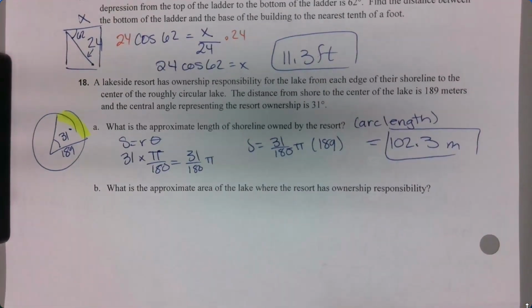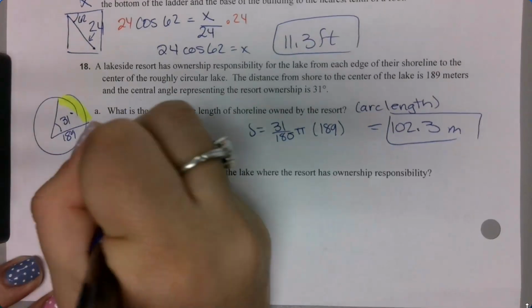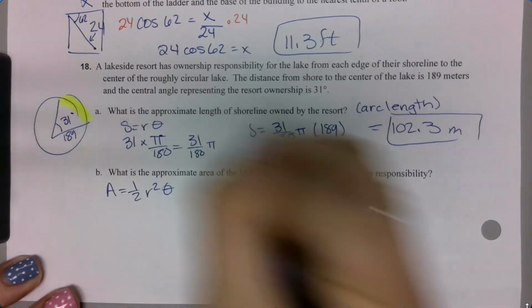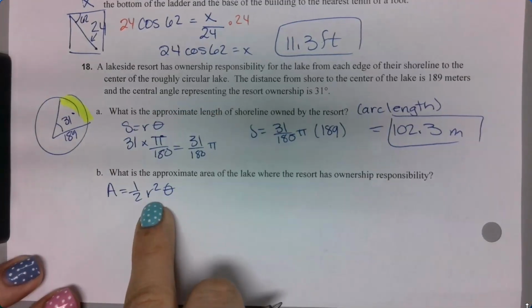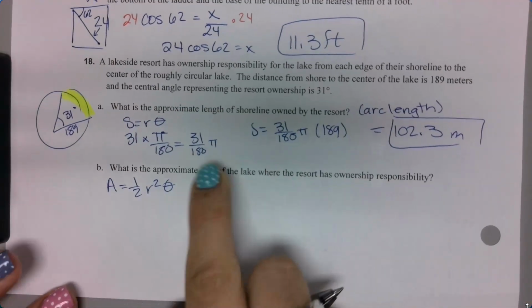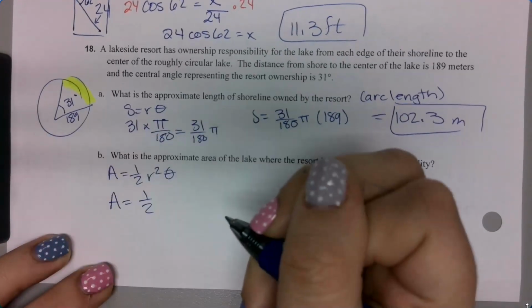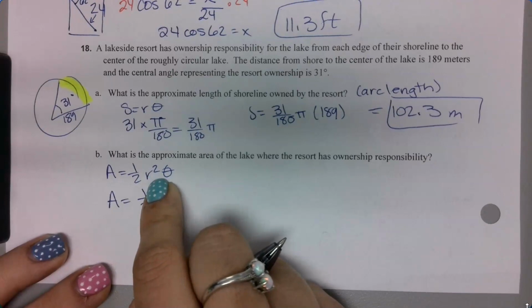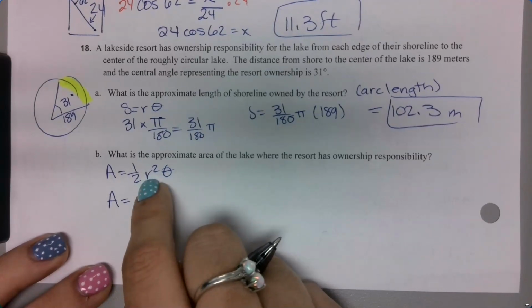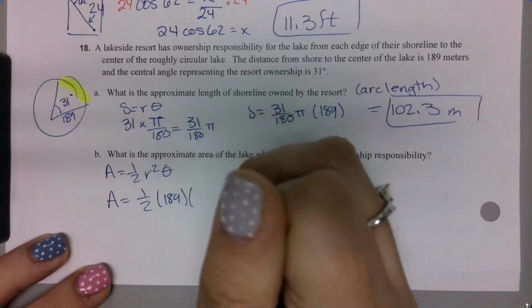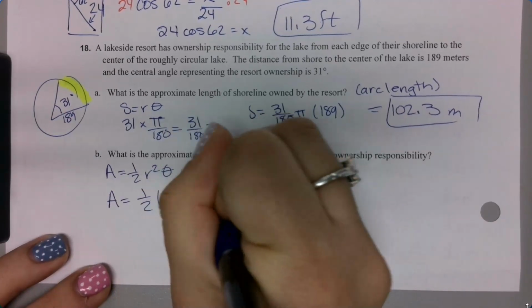And then I want the area of the lake. So this is area of a sector. The formula for this one is A equals 1/2 r squared theta. Theta again is in radians. Thankfully, I found that on the problem before. So I have A equals 1/2. Not radians. R here is radius. So that is 189, and then my theta should be in radians because I'm working with my radius.